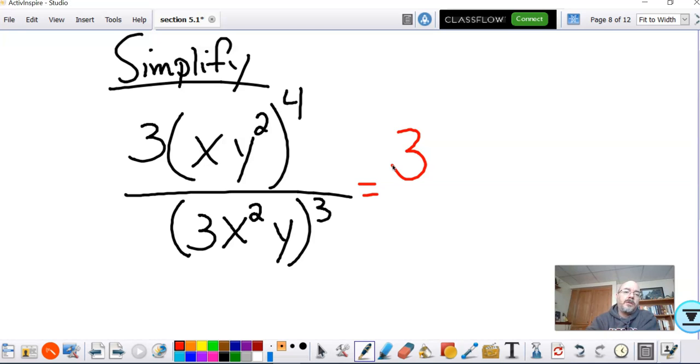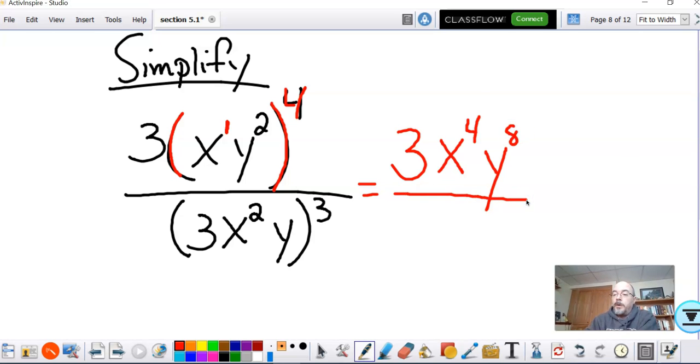But I noticed that there's grouping symbols around the x and the y squared, and I noticed there's a 4 on the outside. Well, if you remember, that 4 goes to both of those inside. So that means this would be, and I would multiply. Okay, this x has a 1 on it, right? 1 times 4 is 4. So this is x to the 4th, and then this is y to the, take 2 times 4 is 8, all over.